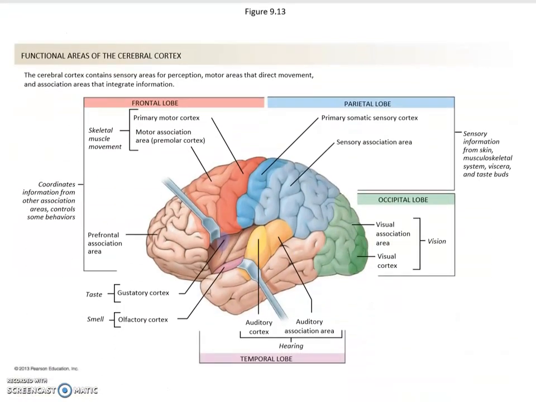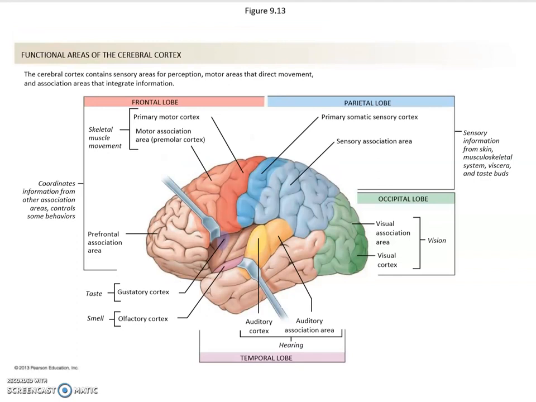So let's take a look at what that looks like here. You have these slices of cortex that I want to point out. In the red here, this slice of cortex that is highlighted in red would be your primary motor cortex. And so there you're coordinating skeletal muscle movement. Now here, in blue, that slice of cortex is the primary somatic sensory cortex.